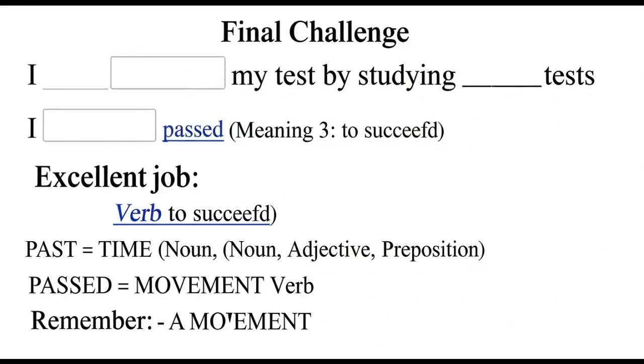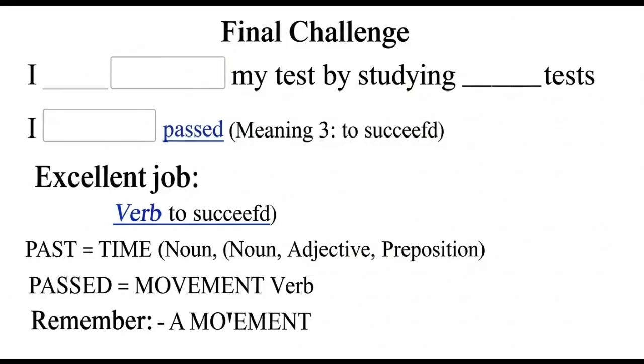Okay, last one. I blank my test by studying blank tests. So what do you think it is? In this one, we have two blanks. So the first blank, do you see a verb in this first section?